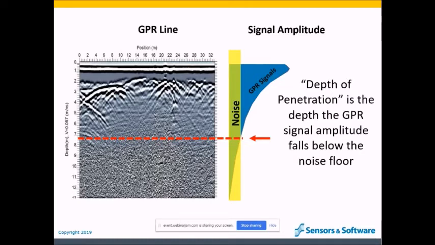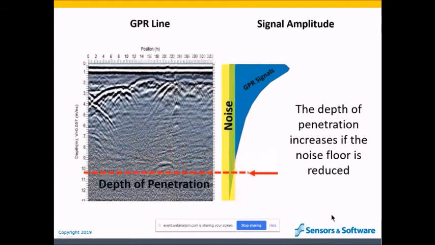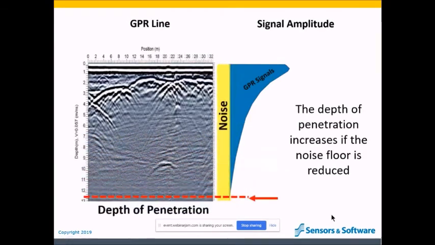Now I want you to pay attention to my fancy animation that shows this concept. Notice how when the noise floor drops, we can see a deeper hyperbola in the data that we couldn't before. Stated another way, the depth of penetration will increase if we can decrease the noise floor.